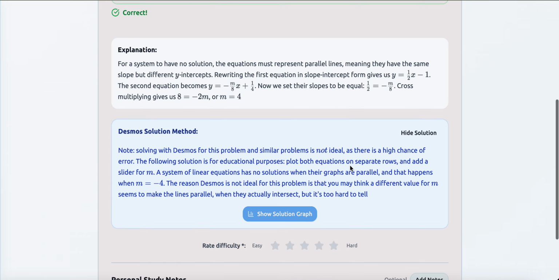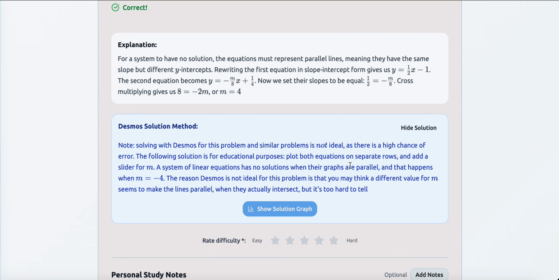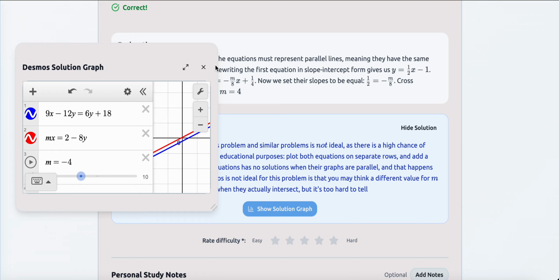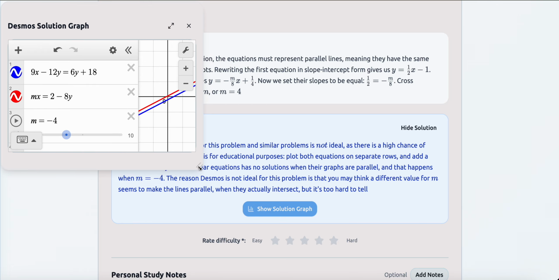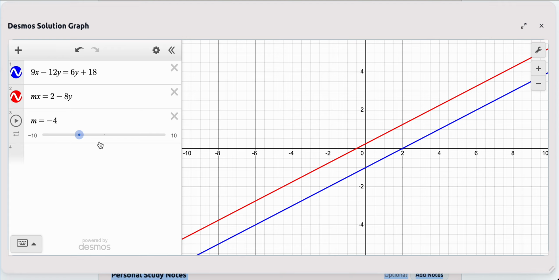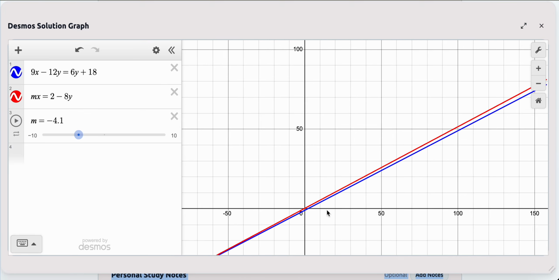The reason why is because you may think that a different value of m seems to make the lines parallel, but they actually intersect. So it's kind of hard to tell just by looking at the Desmos graph, and you might think that the lines are parallel even when they're not, right? So, for example, if I use m is equal to negative 4.1, this appears to be parallel, right?